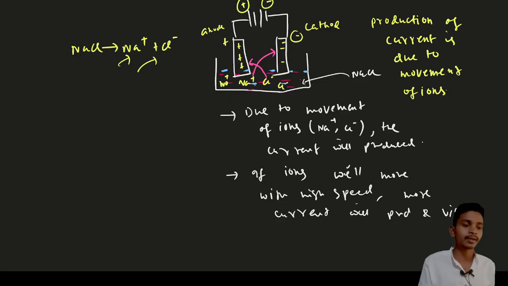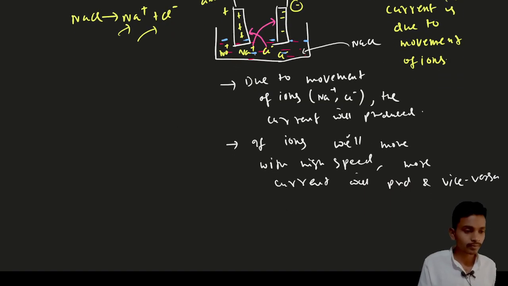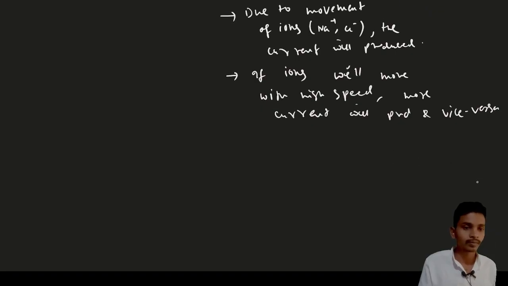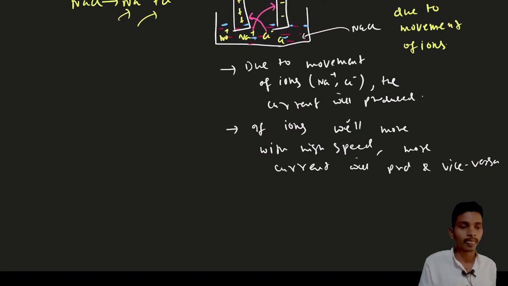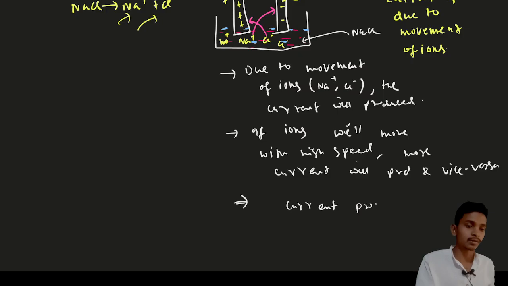If less, then less current will be produced. In the previous class we discussed that current production depends on ionic mobility. Ionic mobility means the movement of ions, how fast or how slowly the ions are moving. So current production depends on ionic mobility.